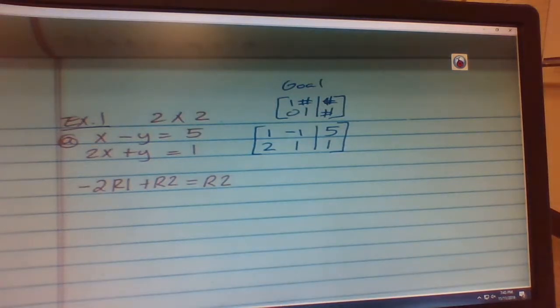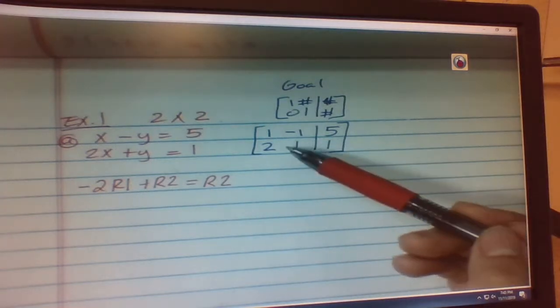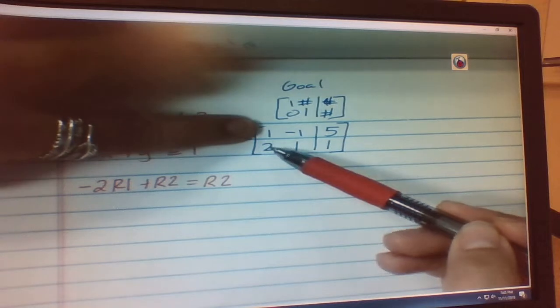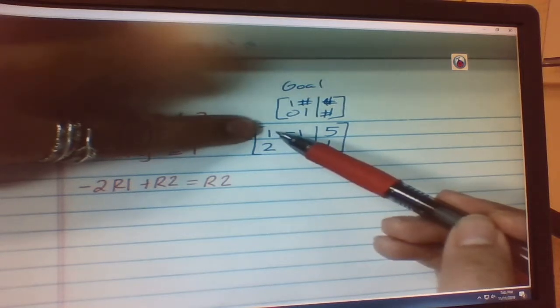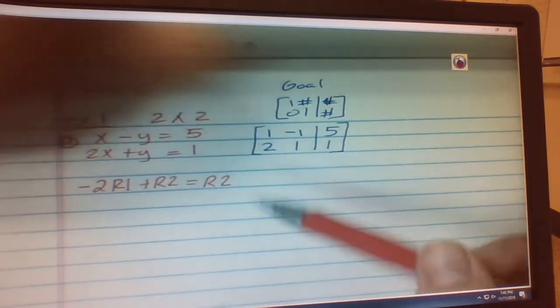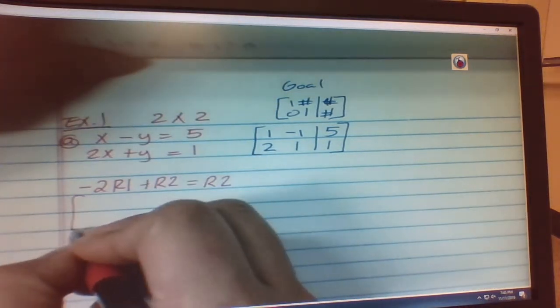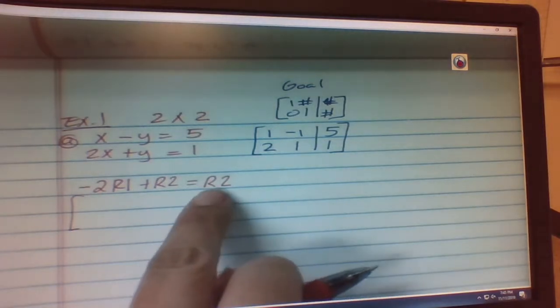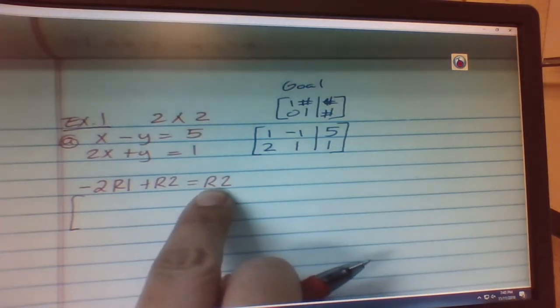Write that down, and then I'm going to hit it again. We're trying to make this 2 a 0. So multiply row 1, where the 1 is, by negative 2 and add it to row 2. Does row 1 change? No. The only one that's going to change is your second row.